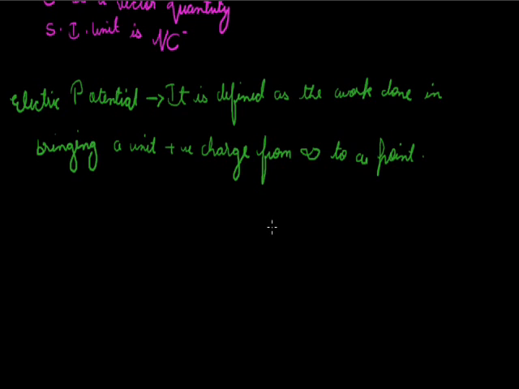For example, if we fix a point A and a charge has to be brought from infinity to point A, some amount of work has to be done to bring a charge Q from infinity to point A. That work done per unit charge gives you the electric potential.